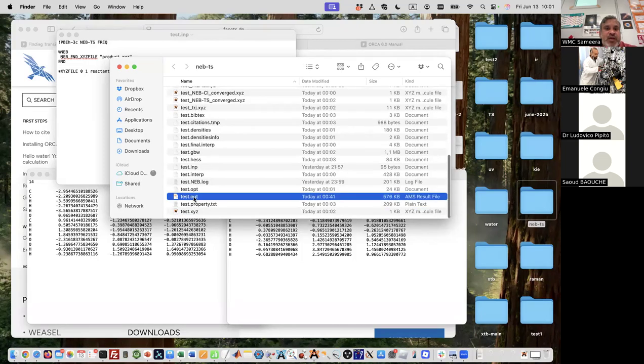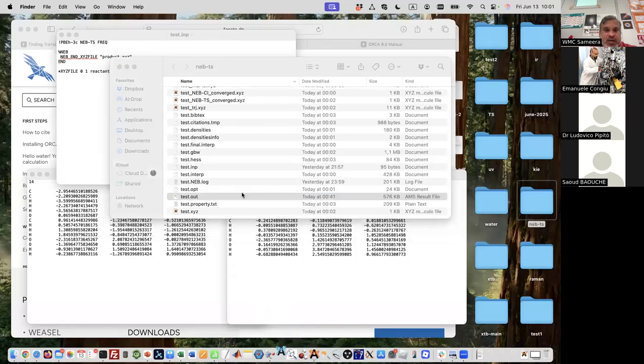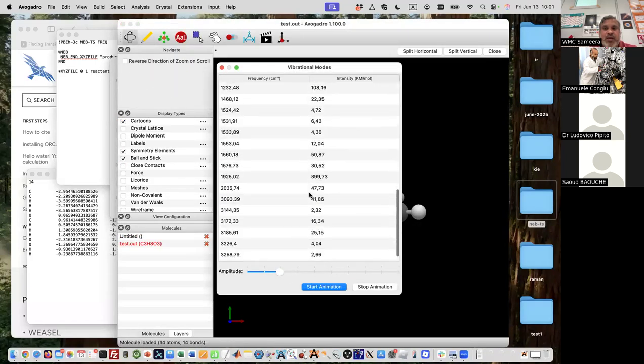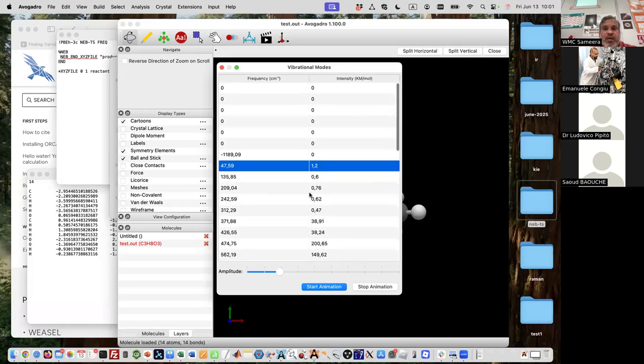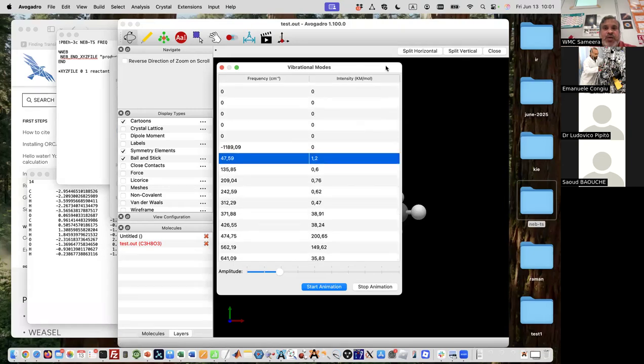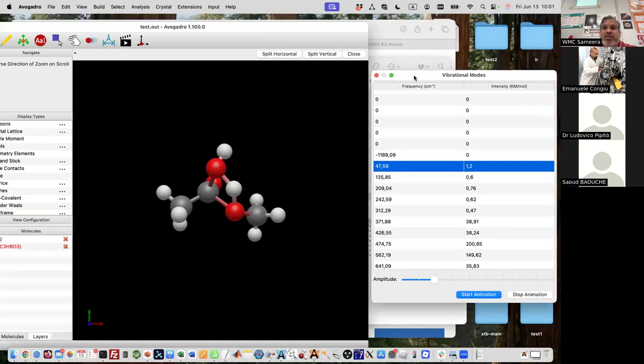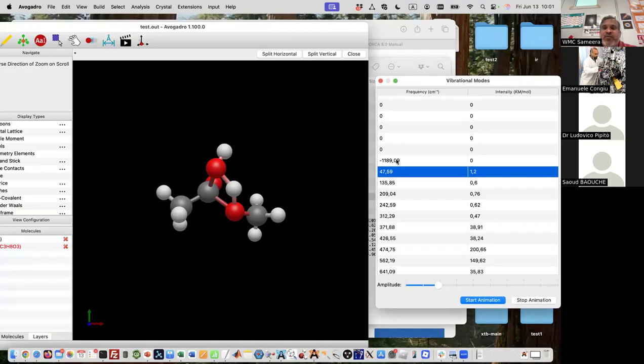Let's check whether we can look at the frequencies. So I'm just looking at the vibrational frequencies, and you can see the imaginary frequency here.